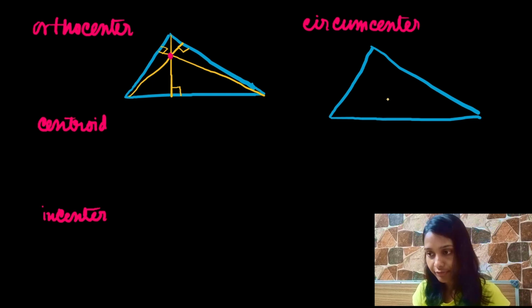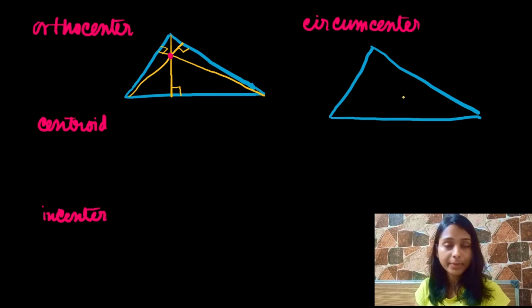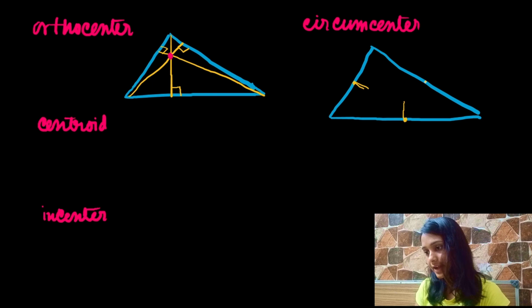Also there is another definition, which is the intersection of perpendicular bisectors of this triangle. So here suppose we have one perpendicular bisector like this, and here another perpendicular bisector like this, and another perpendicular bisector like this. So these perpendicular bisectors will meet in a point.